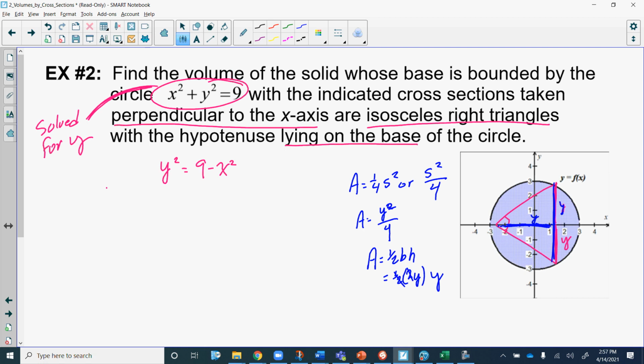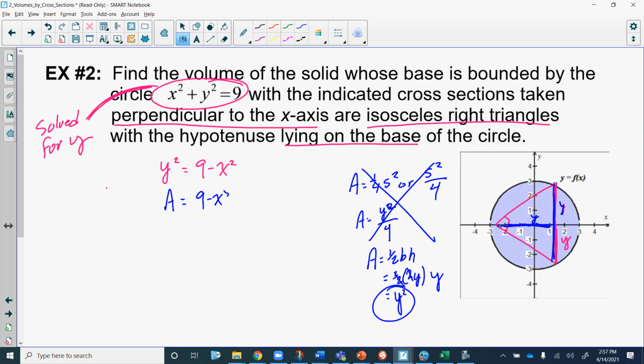The 1/2 and the 2 simplify, so I get that the area is just y squared. So if area is y squared, then the area is going to be 9 minus x squared. So this here didn't pan out like we wanted it to, but that's okay.